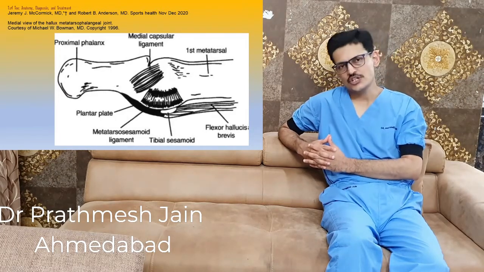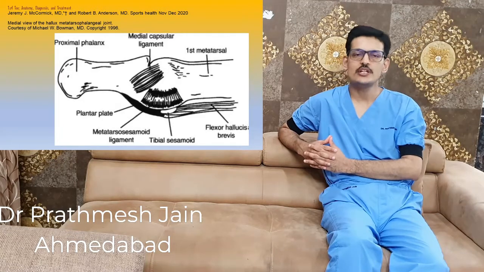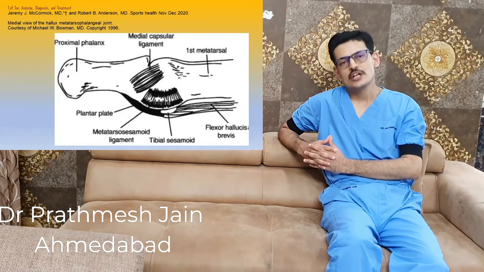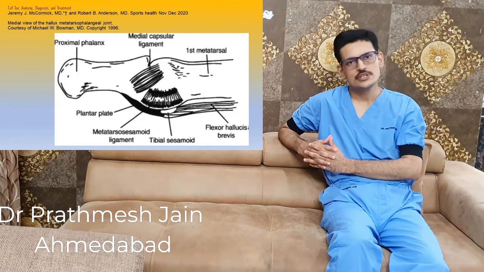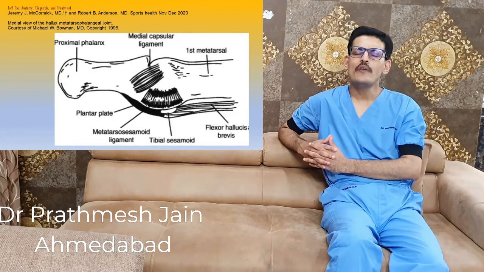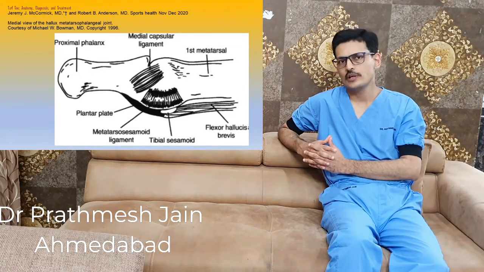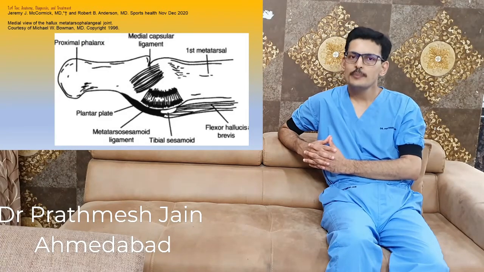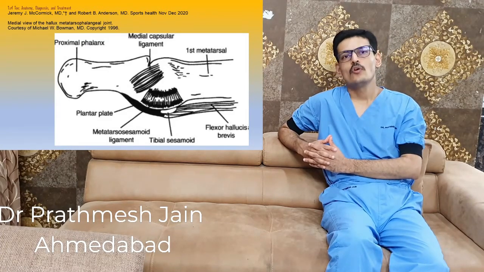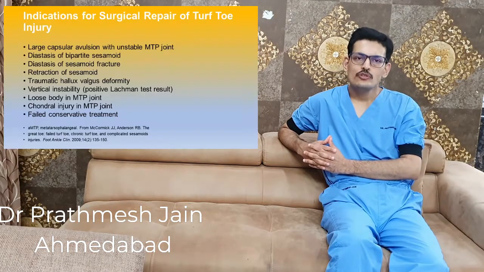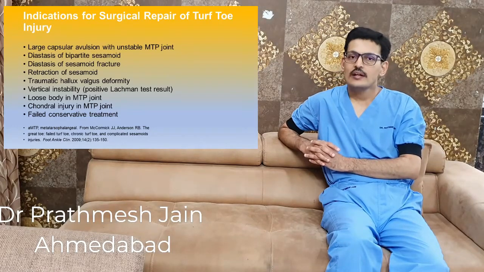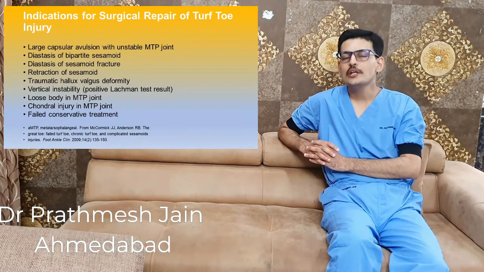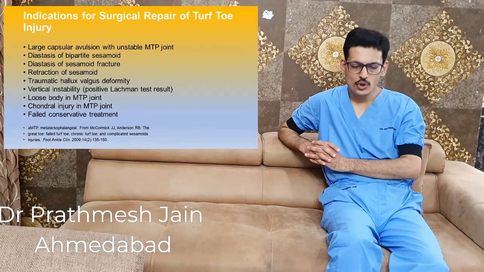Now very occasionally in grade 3 injuries, you might need a surgical repair of the plantar plate. Now what are those indications? If you have a severe disruption of the plantar plate, with proximal migration of sesamoids, with sesamoid fractures, with significant anteroposterior laxity, with cartilage injury, with any loose fragment in the MTP joint.